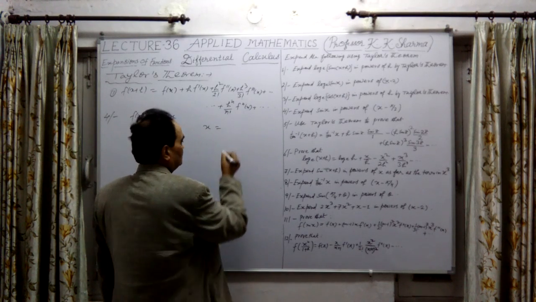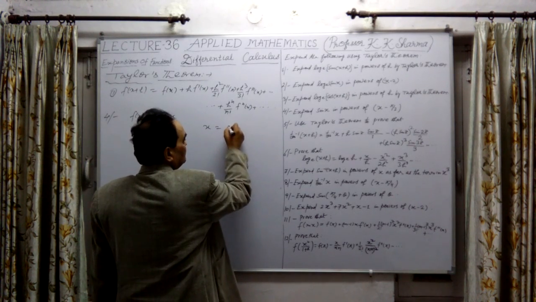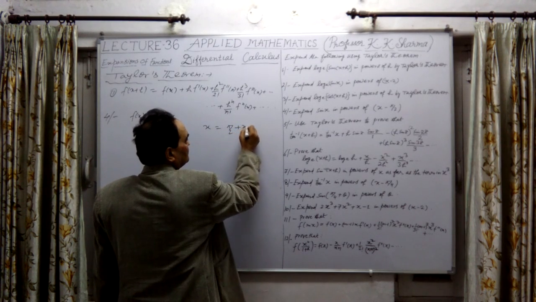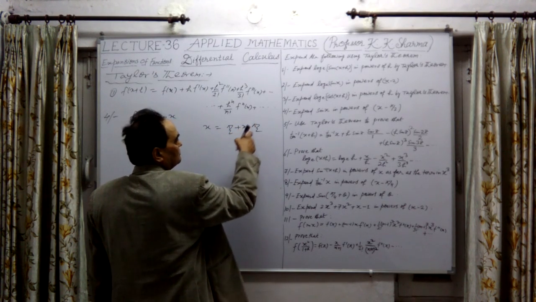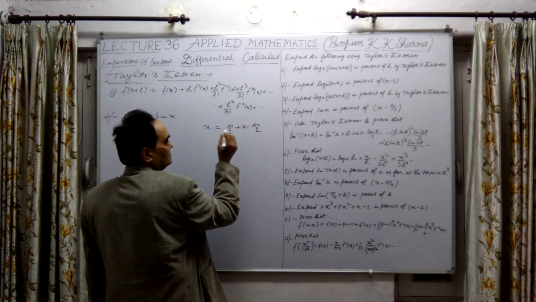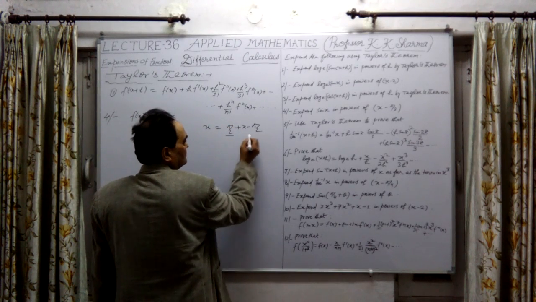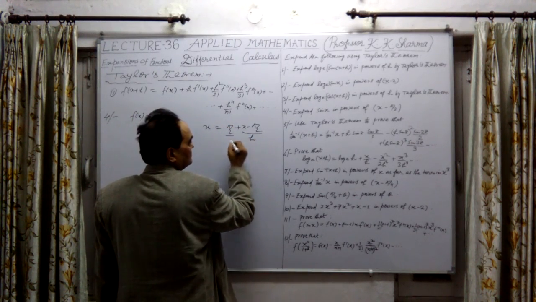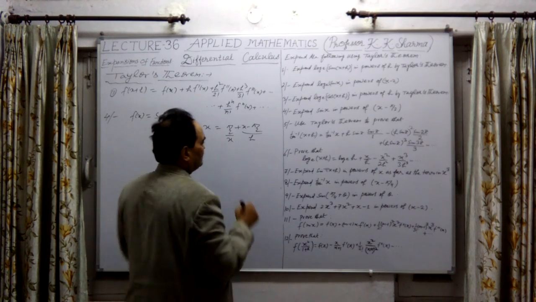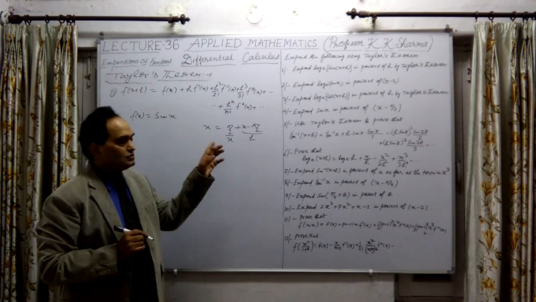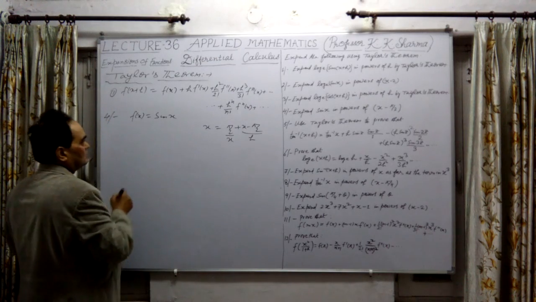What is x then? x will be pi by 2 plus (x minus pi by 2). So this is a, this is h, this is x. In place of x, I have to substitute pi by 2. Then we can express this.